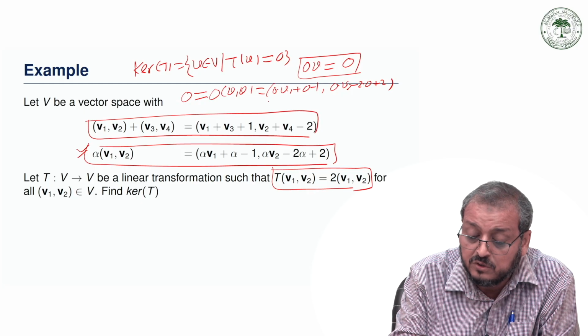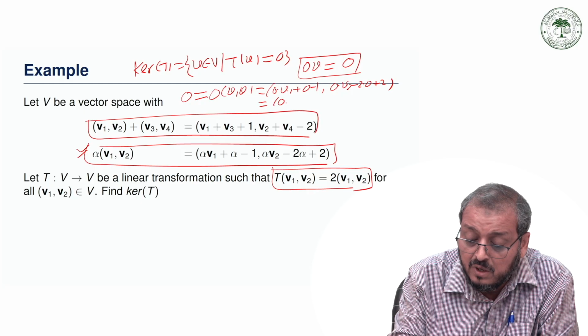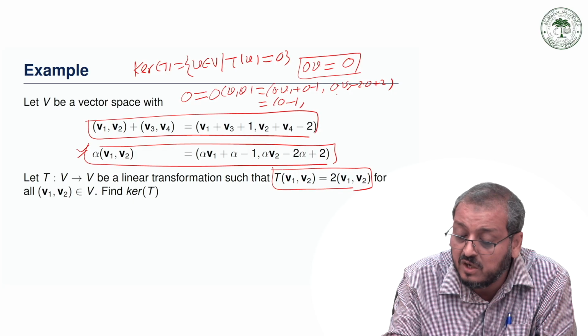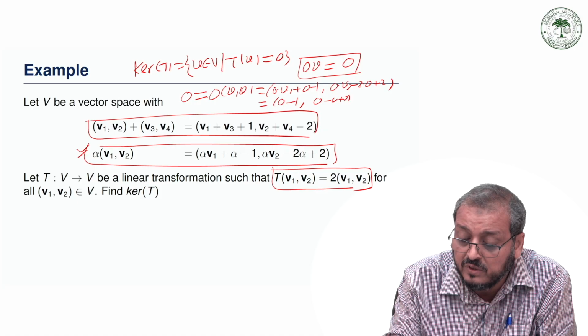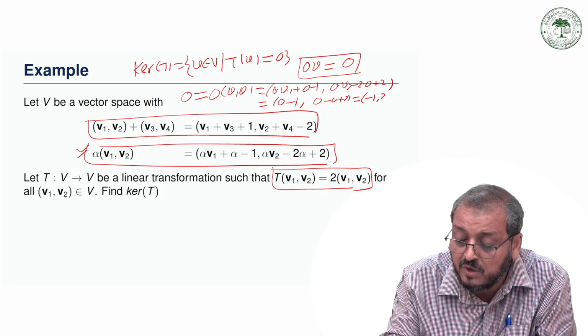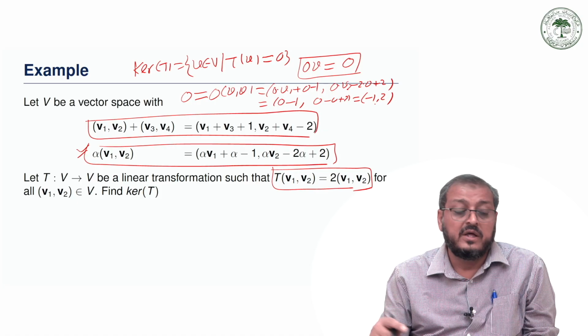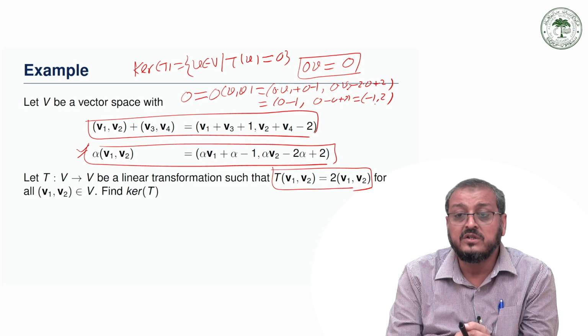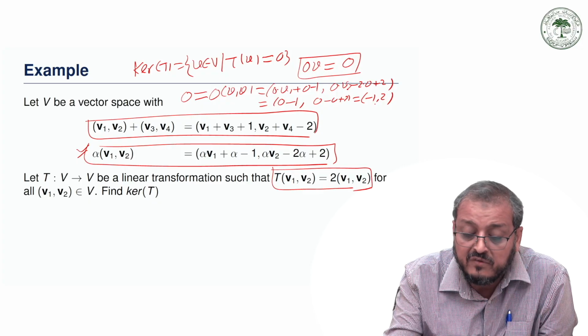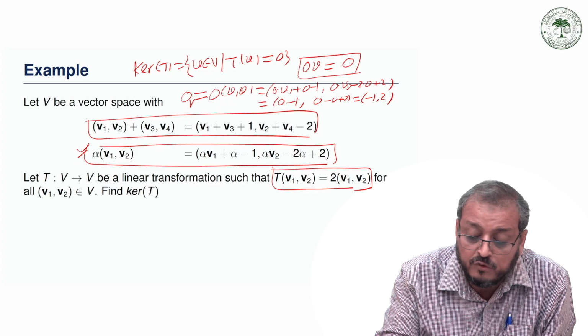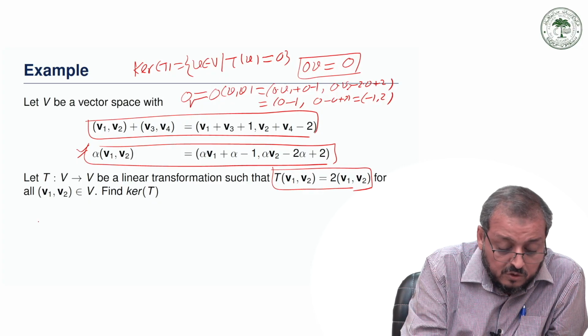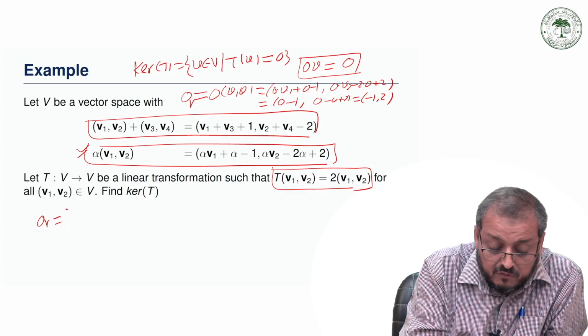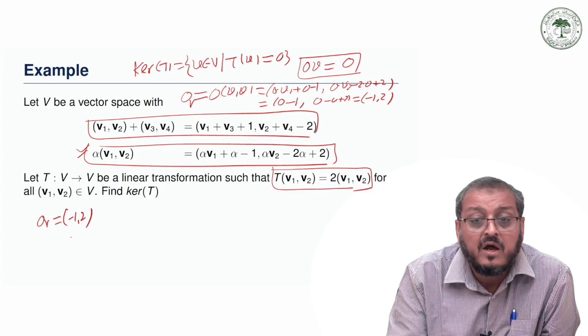Because 0 times v1 is 0, we get 0 plus minus 1, which is minus 1, and then 0 plus 2, so this is equal to (minus 1, 2). In this case, for this particular vector space, the additive identity, the zero of V, is of the form (minus 1, 2).